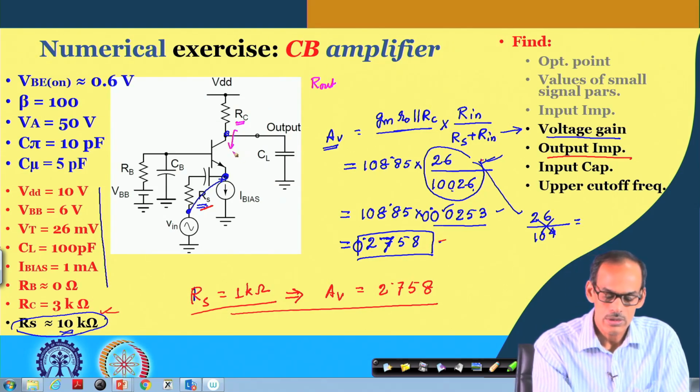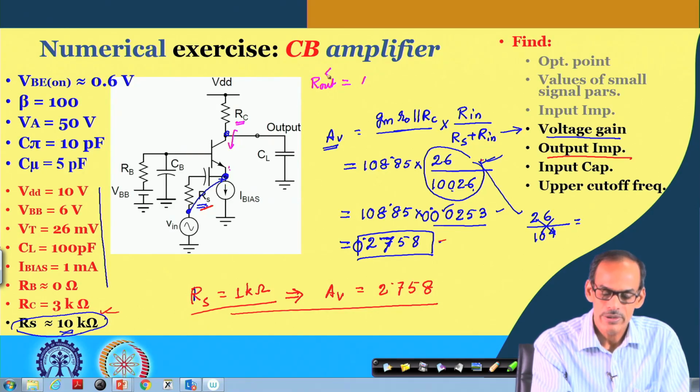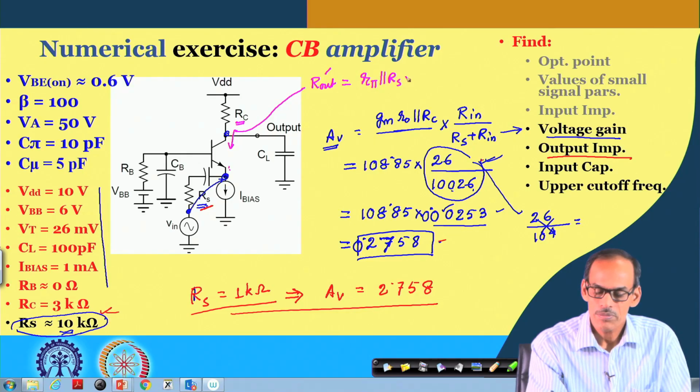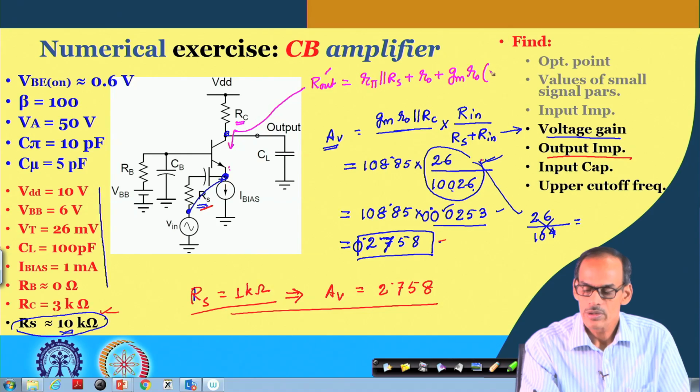You may recall, if I call this R out dashed, that is the impedance of the active device. That is R pi in parallel with R s, plus R o, plus G m into R o into R pi in parallel with R s.